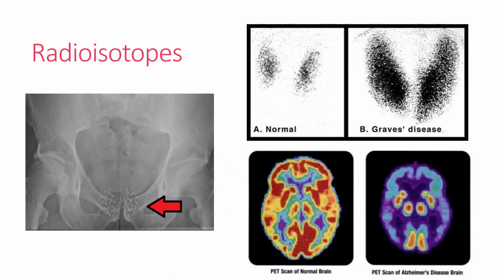Here are a few other examples of radioisotopes in use. If we look down here, you see all these little white spots, almost like lice, on this individual's X-ray. This individual has prostate cancer, and what they do for prostate cancer is they inject these tiny radioactive pellets into the prostate, and the radioactivity, the decay of these radioisotopes, destroys the tumor.